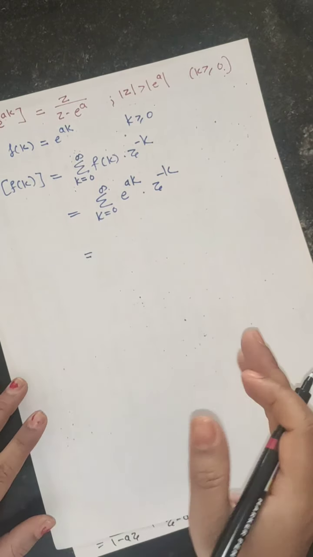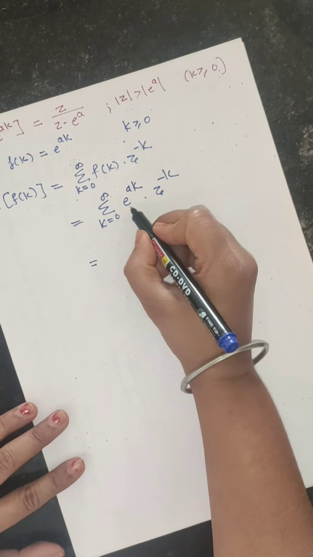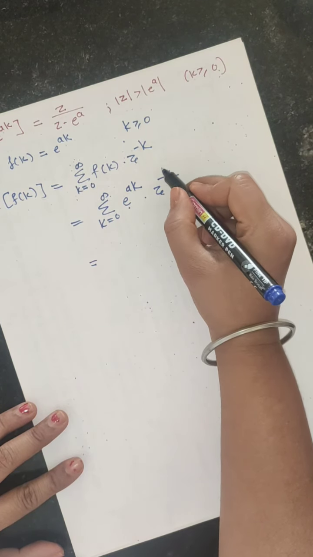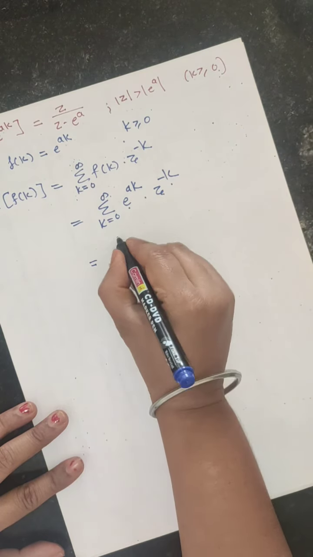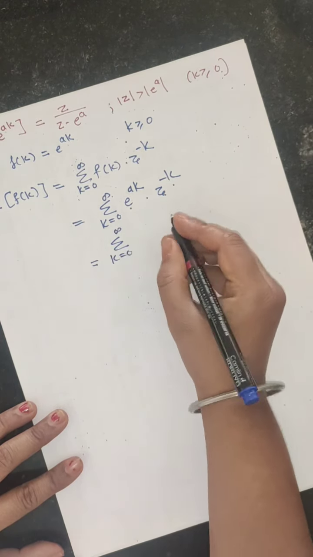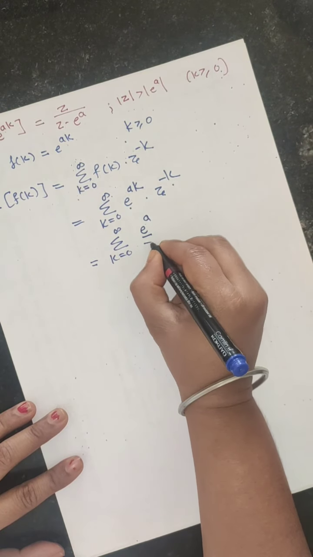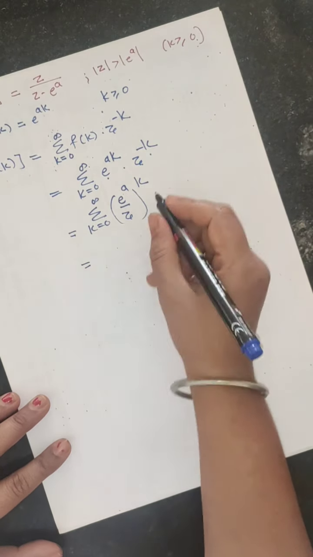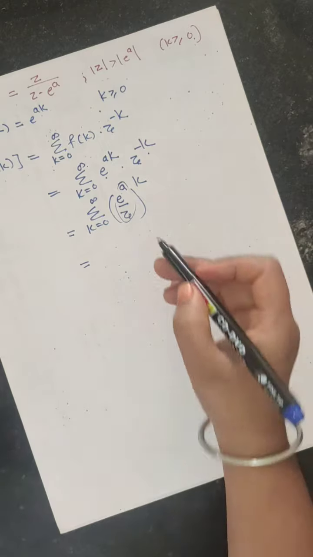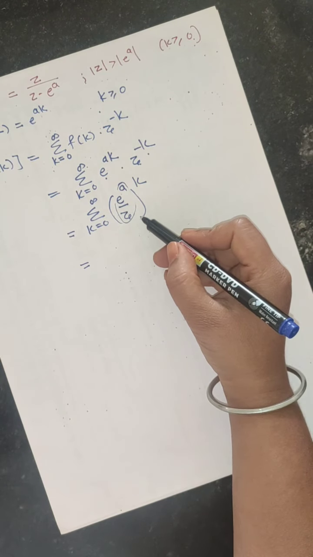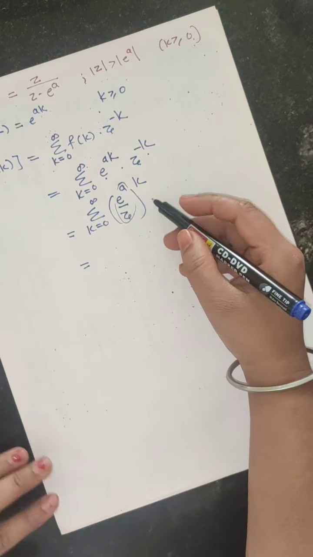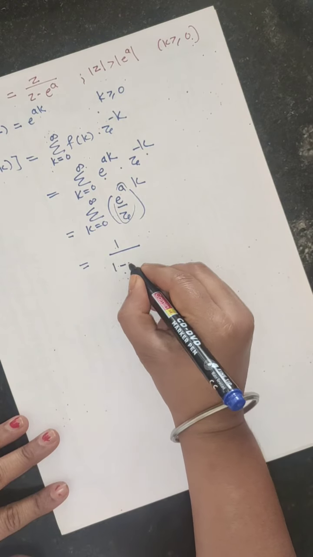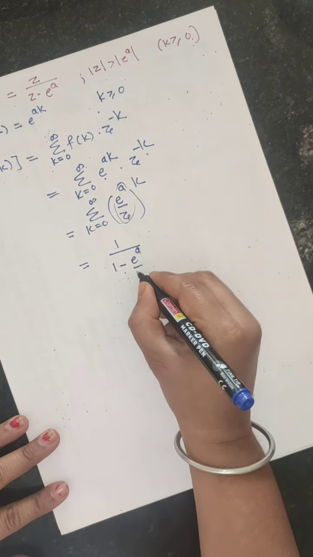Same as previous, here z raised to minus k is also written as 1 upon z raised to k. That means the summation for k from 0 to infinity of e raised to a upon z, all raised to k. So this is the value of r. Now it is also in the pattern of a geometric series, and this geometric series converges to 1 upon 1 minus r, where r is e raised to a upon z.